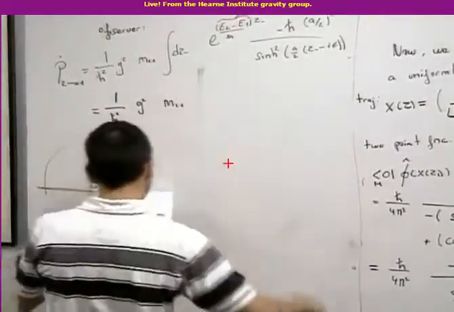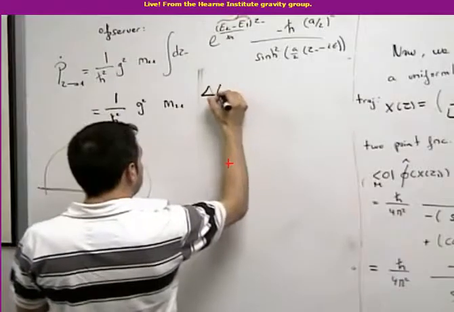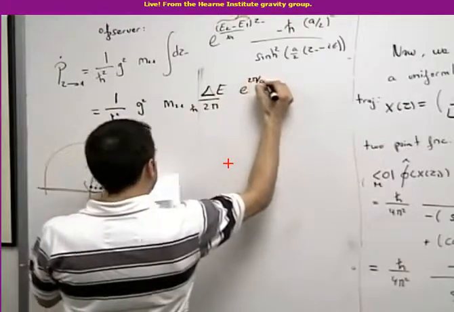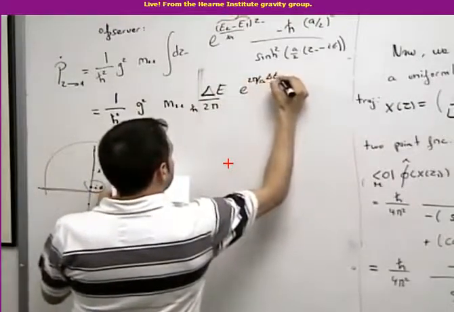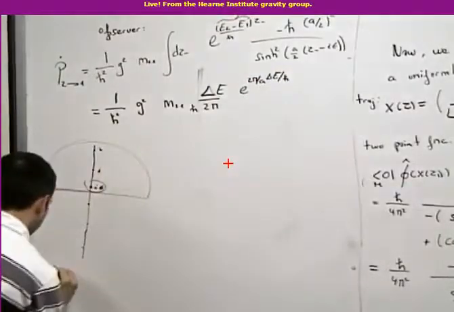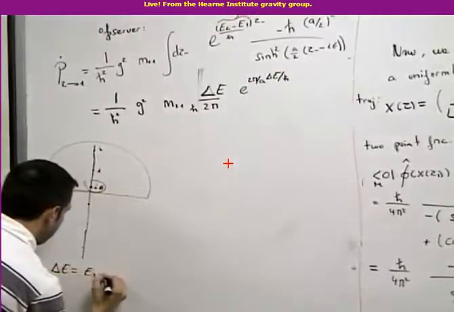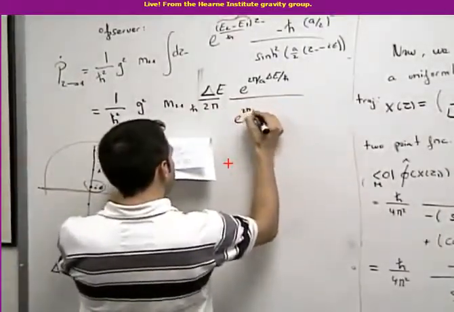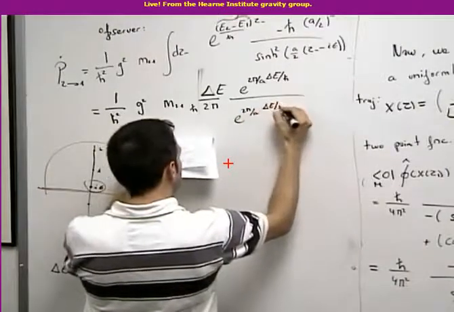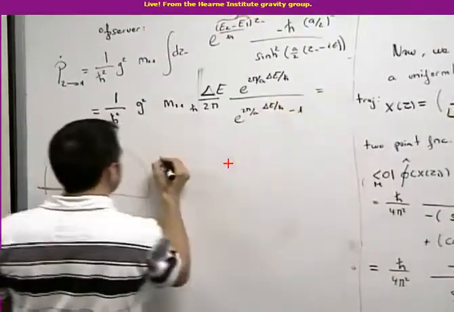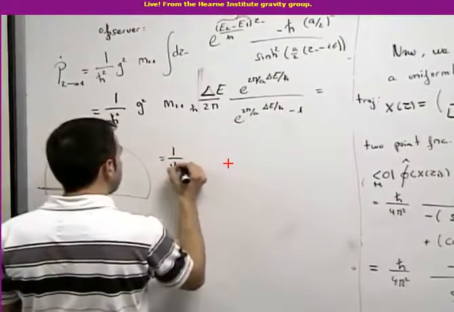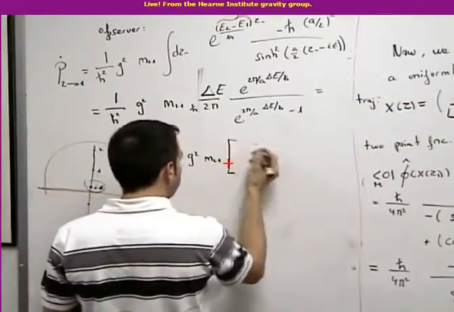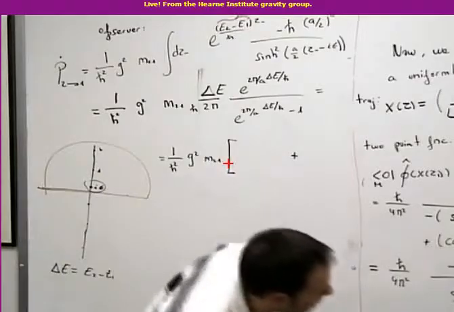So if you do this, you will get the total probability of the de-excitation, which contains both. Delta E, I am writing delta E, is positive, is E2 minus E1. E2 pi over a delta E over h minus 1. And this is the same as the sum of two terms, one which is exactly the same as equation 5.